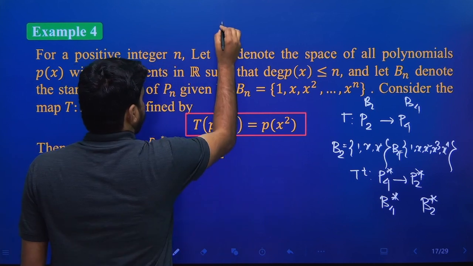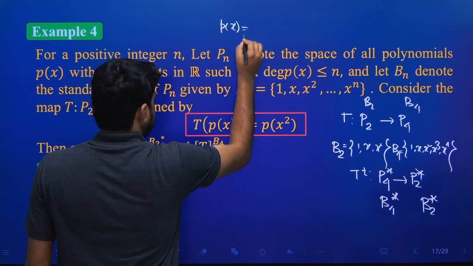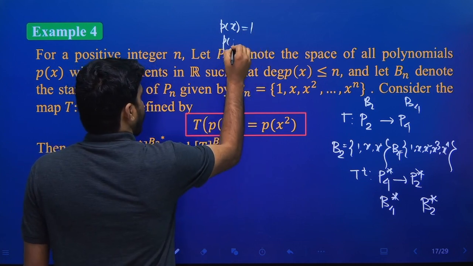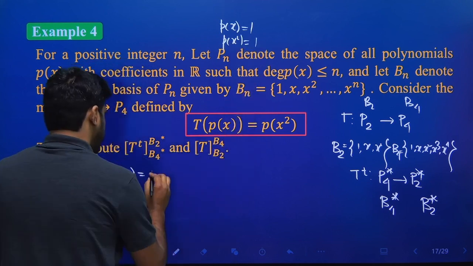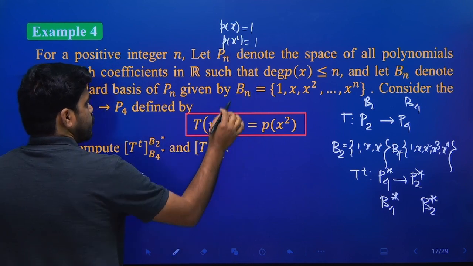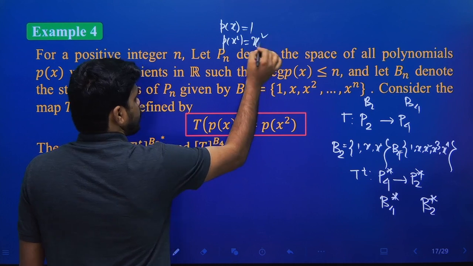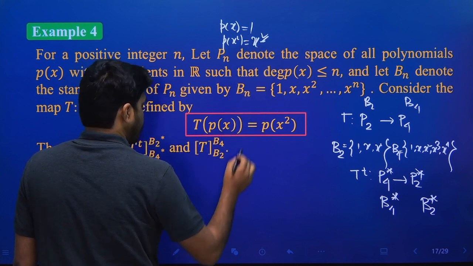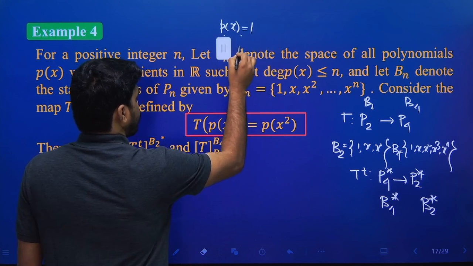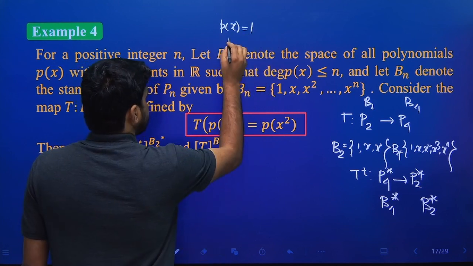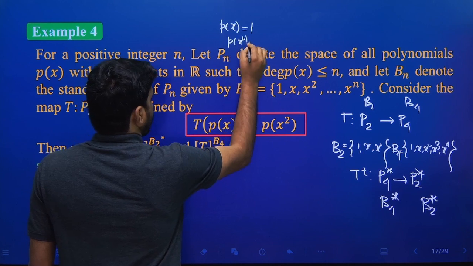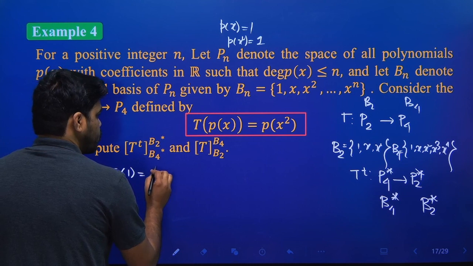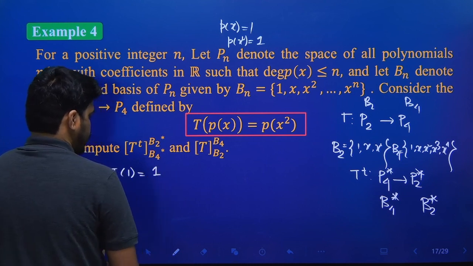That means here p(x) is 1, right? So p(x square) is also 1. So T(1) will be 1, right?